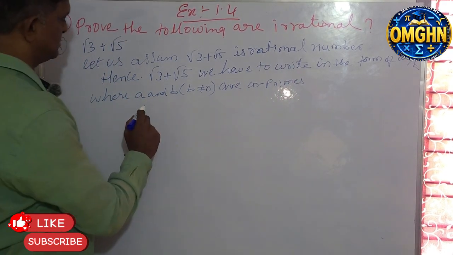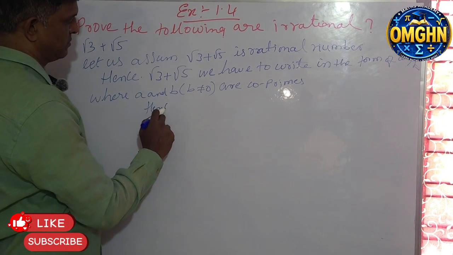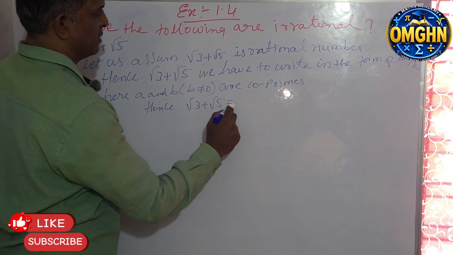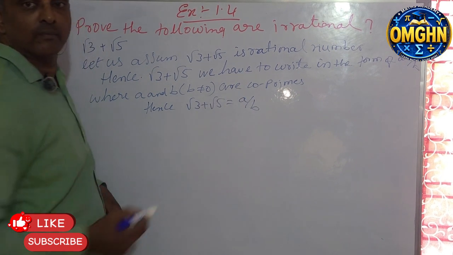Okay, hence root 3 plus root 5 equal to a by b.